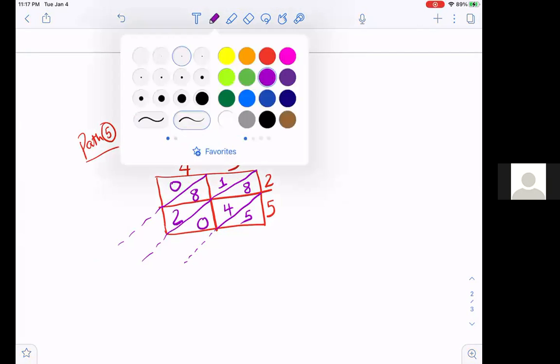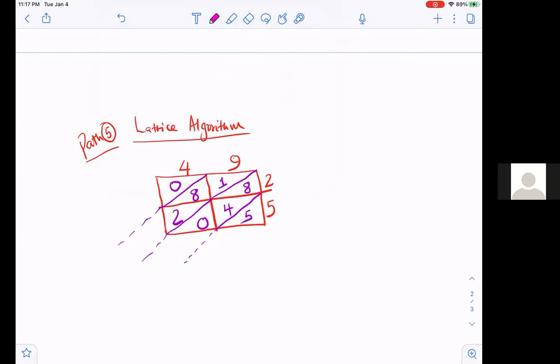Now, how do we find the final answer? We add along the diagonal. And because we are dealing with numbers in base 10, every time we make a group of 10, remember, we are to exchange or trade that for a 1 in the higher place value.